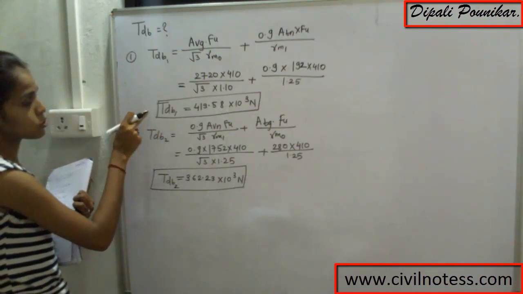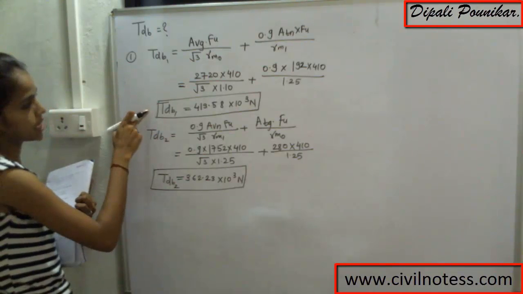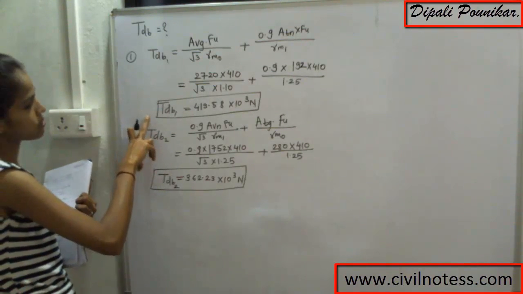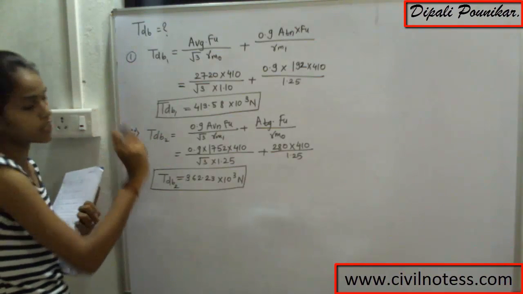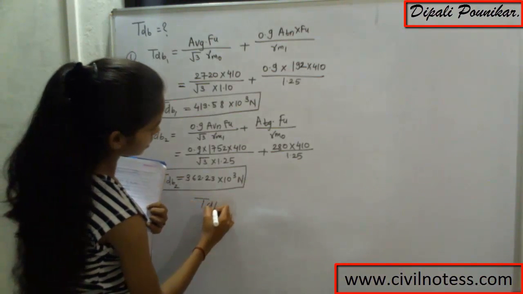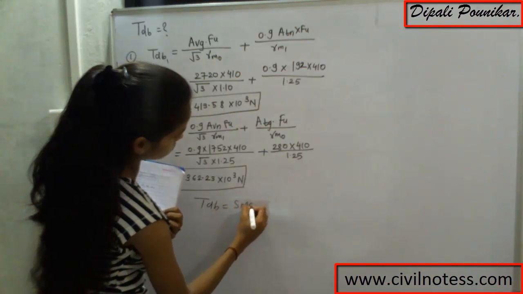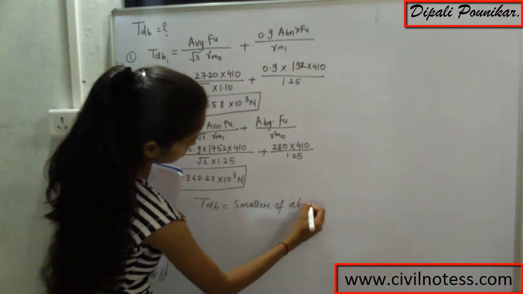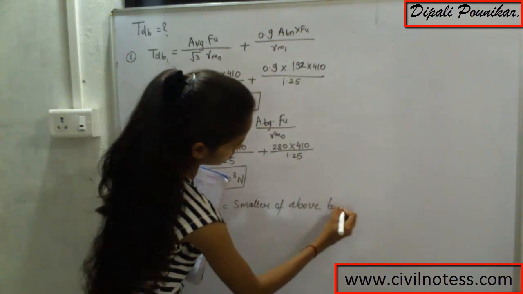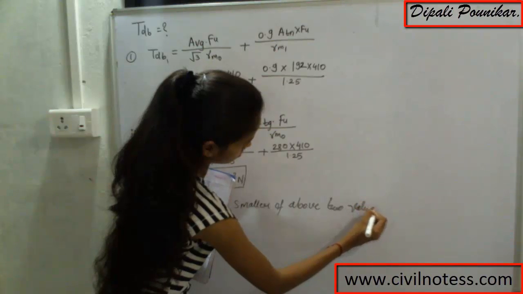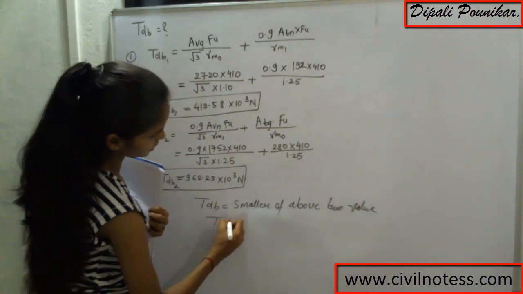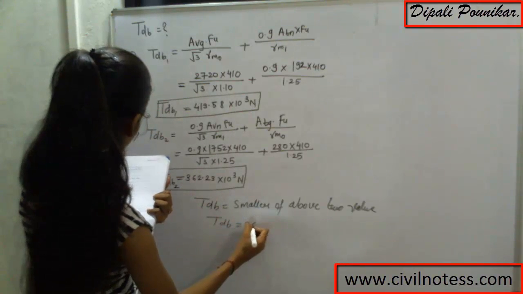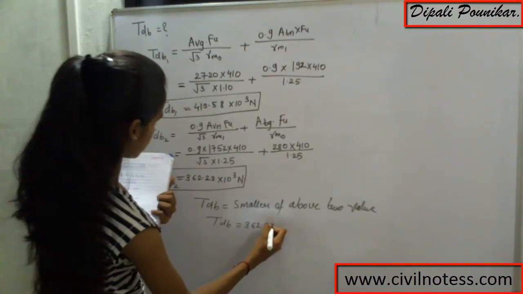After that, we have to choose between TDB1 and TDB2, the smaller value of these two values. So TDB equals the smaller of the above two values. We get TDB equals 362.23.